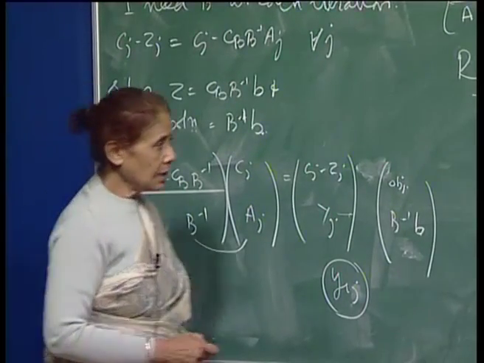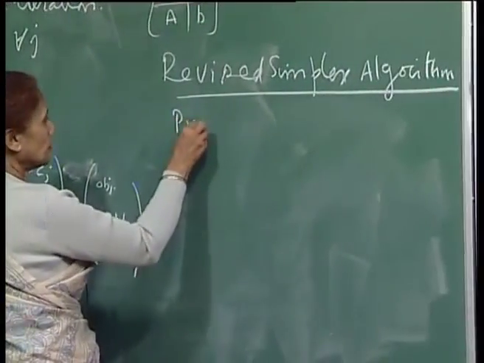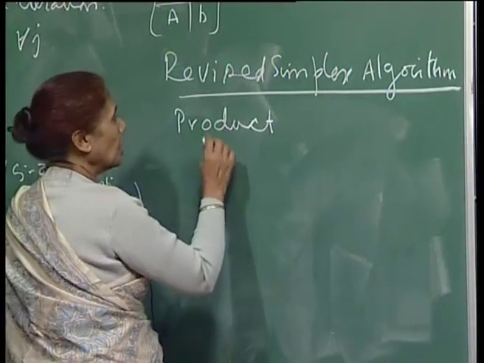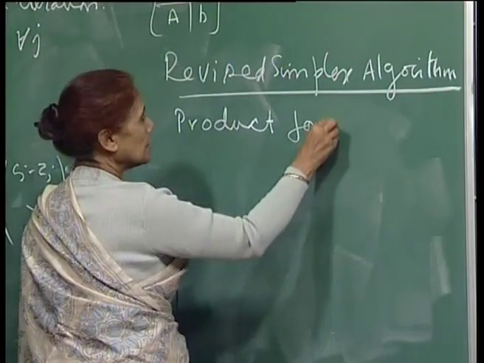And another thing is that even this becomes too big to store every time. So what they do is they use the, let me explain, and I will try to be slow, product form of the inverse.